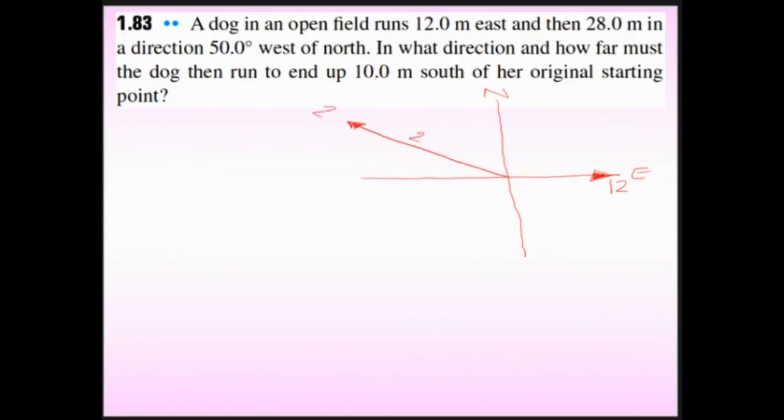Oh, sorry, not here. Where's my 50? Here or here? Yes, it's northwest. West of north means northwest.